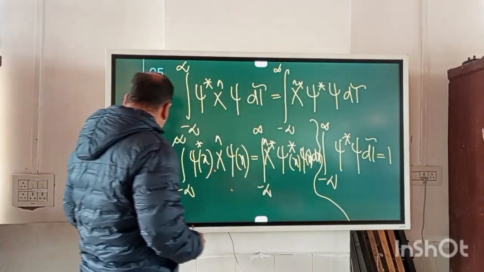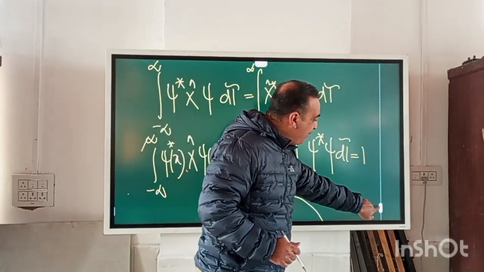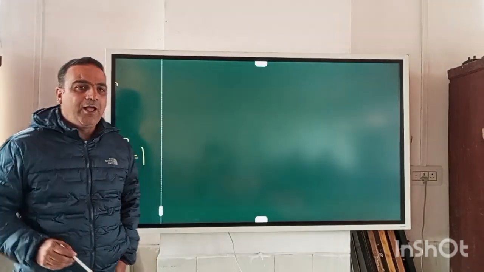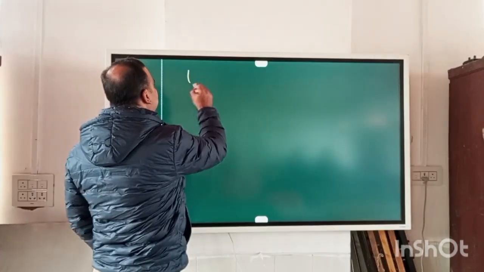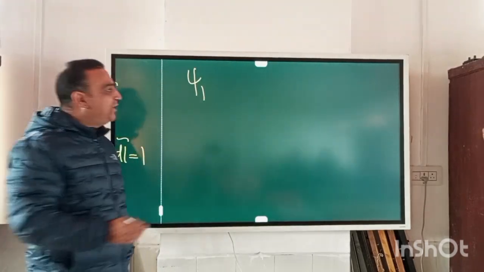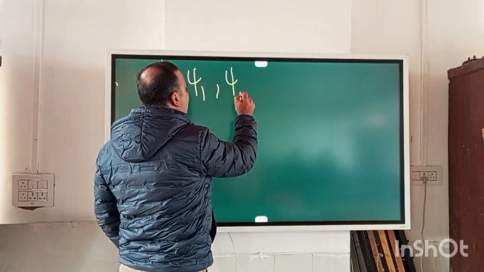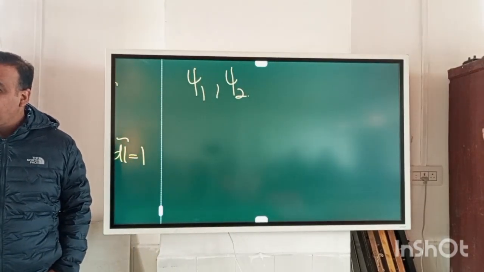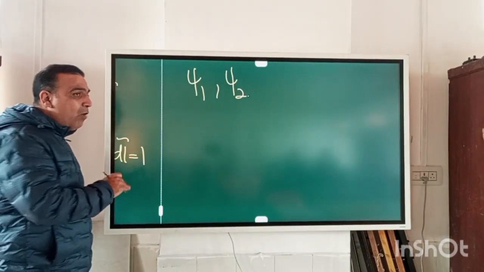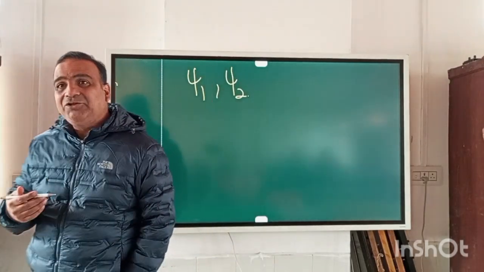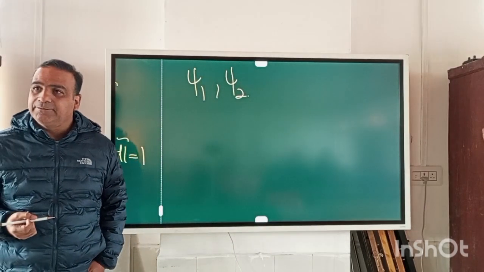Okay. So now I assume that I have psi 1 as one energy eigenfunction and psi 2 as another energy eigenfunction. Now, how would I write down the condition for the operator to be a Hermitian operator?